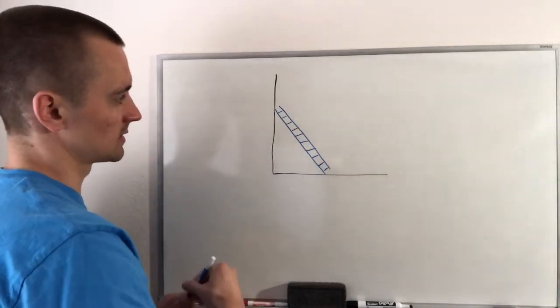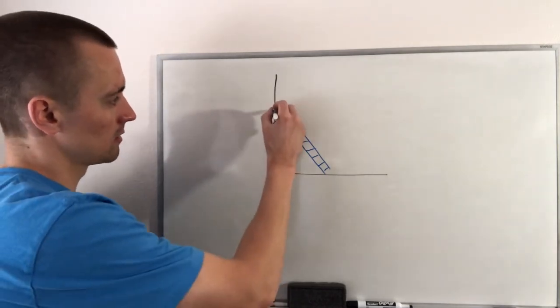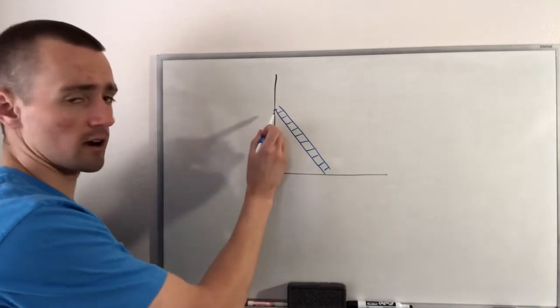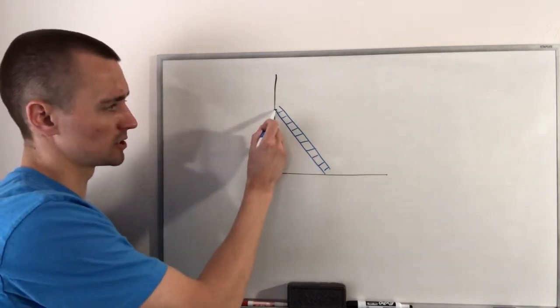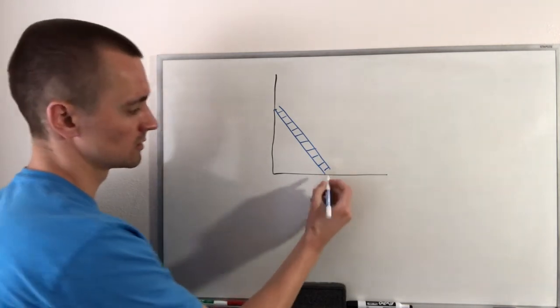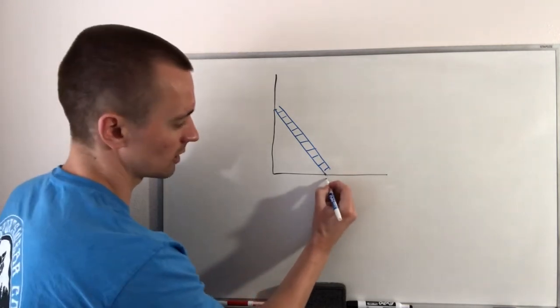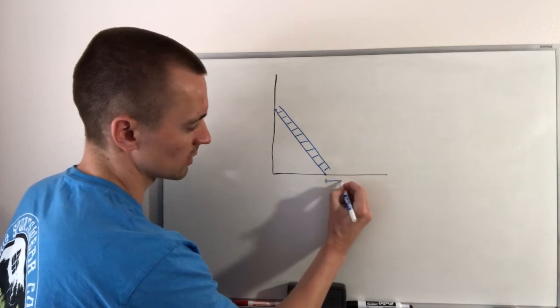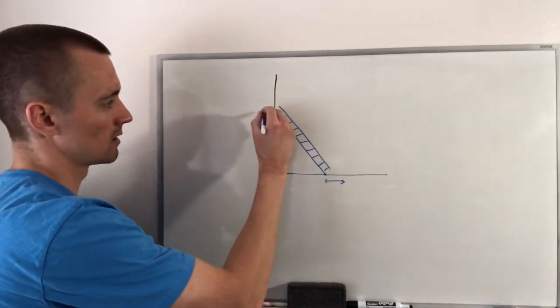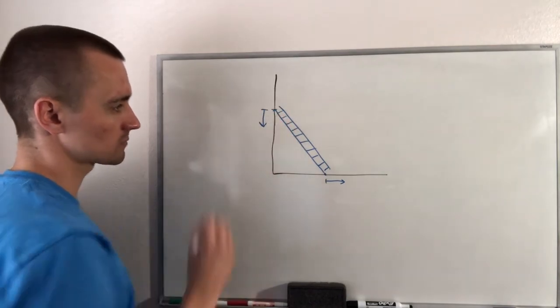And as it's sliding down the wall, we'll say that the ladder, as it moves, is still touching the wall at the top and touching the floor as well. So basically this point that's touching the floor here is moving this way, and this point that's touching the wall here is moving down.